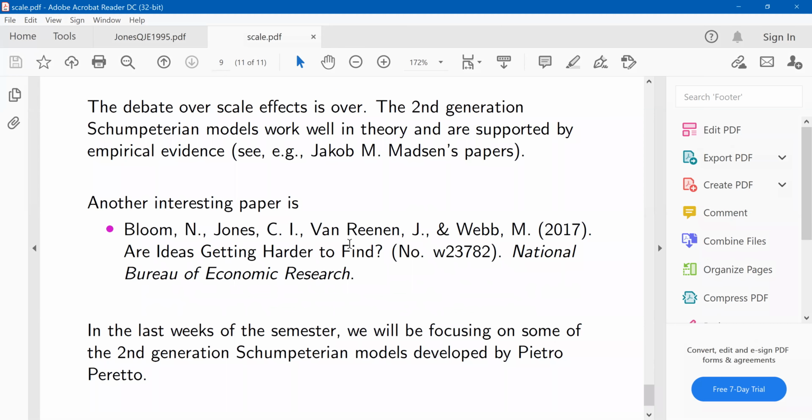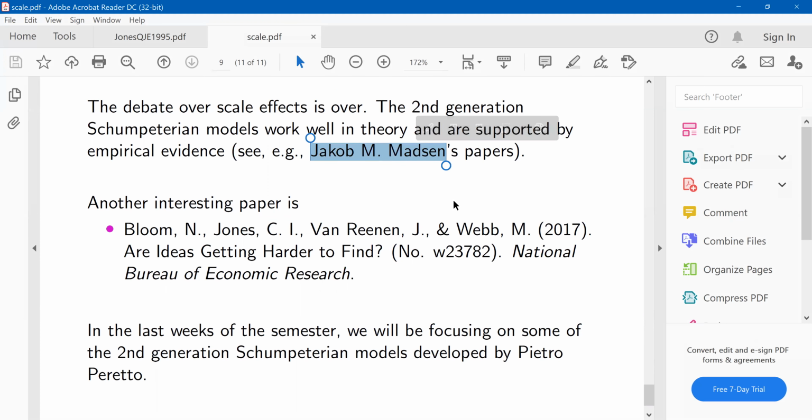If you read the paper exactly after the class, you will see what I mean. So in the paper, there's a large set of findings, but the main findings depend on a knowledge production function that is not subject to decreasing returns. So Jones kind of retreats. He kind of appreciates the logic of the second generation models, because there are some other papers that also find empirical support.